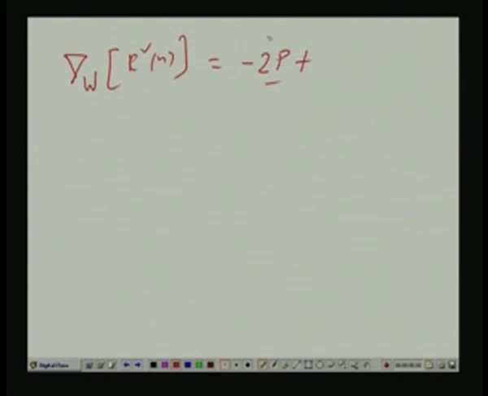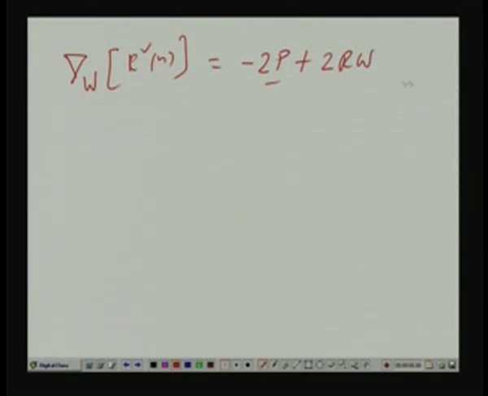In today's class, I kept it uppercase. In the next class, I'll convert it into small p. I used the letter small p to denote the order of the filter. That I will change to some other index, because let us stick to the convention followed universally. Nevertheless, minus twice P, and here I got twice R W.